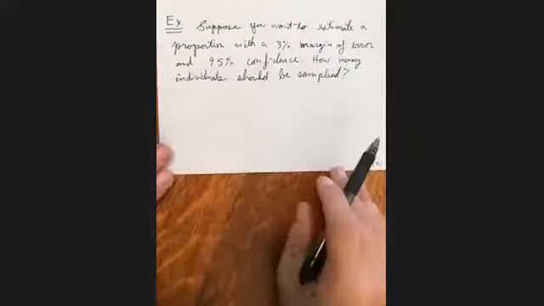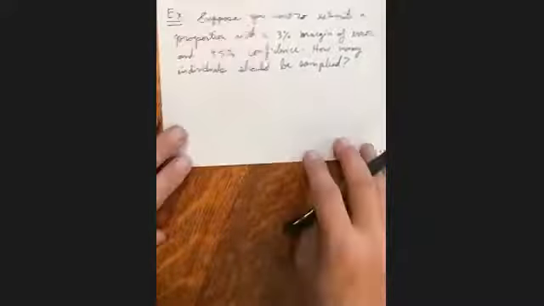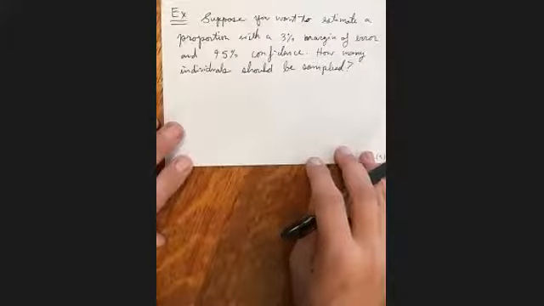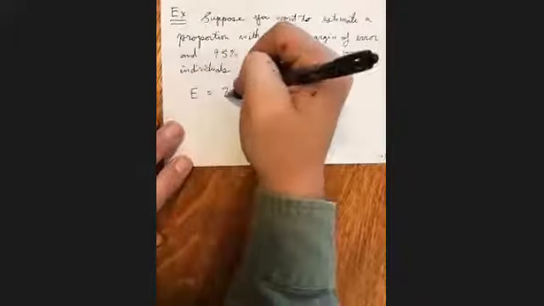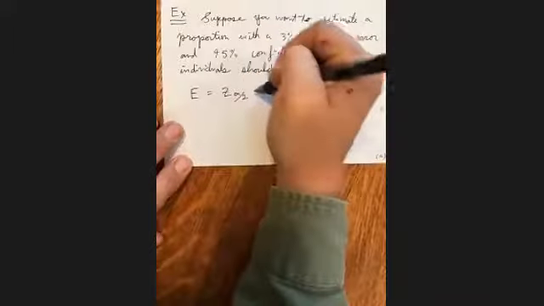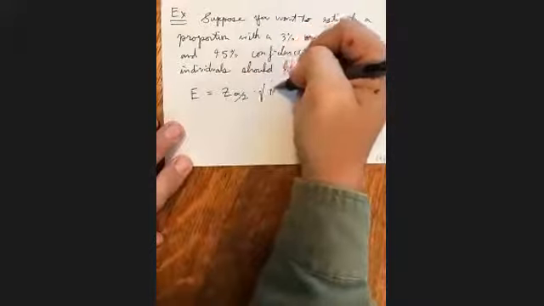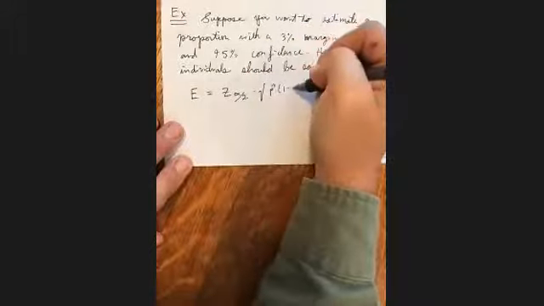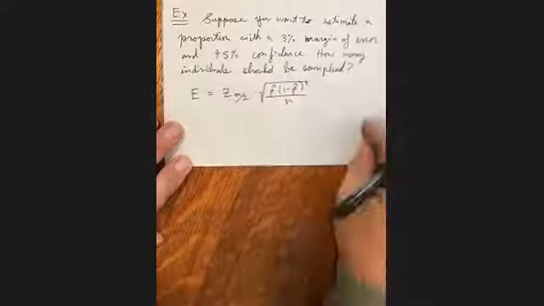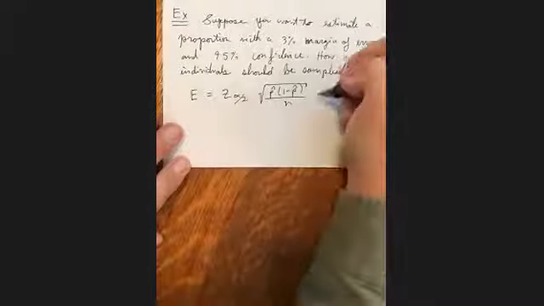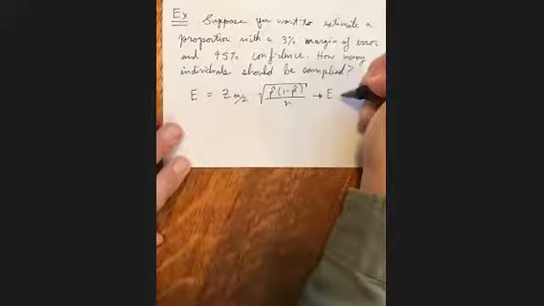How many individuals should be sampled? Okay, so let's start with the formula for the margin of error. And in fact, I'm going to make this even simpler and write it this way.